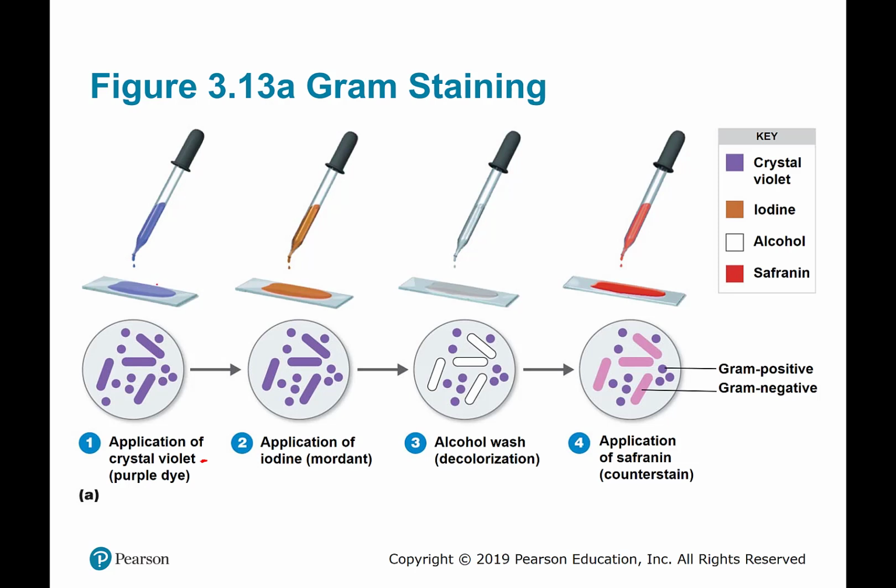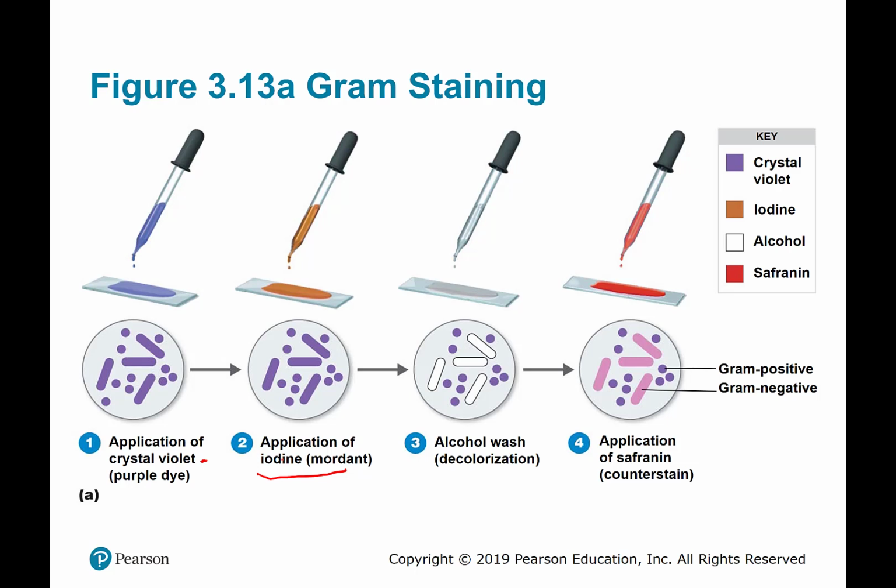You allow that stain to set on the smear for about a minute, and then you rinse it. You then apply iodine, and iodine with the Gram stain is going to be the mordant, and the iodine will complex with the crystal violet. They form the CVI complex, so you get a crystal violet iodine complex.